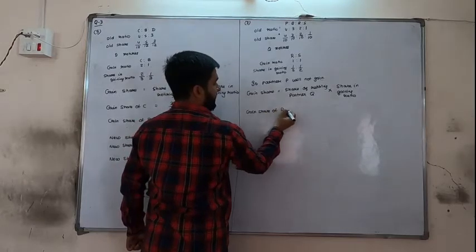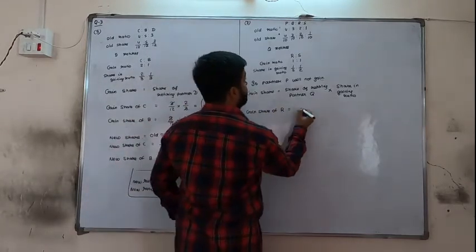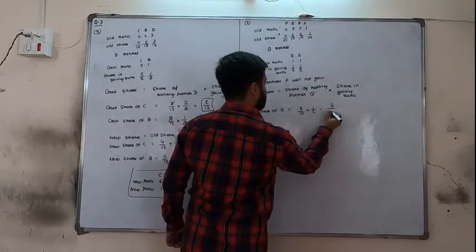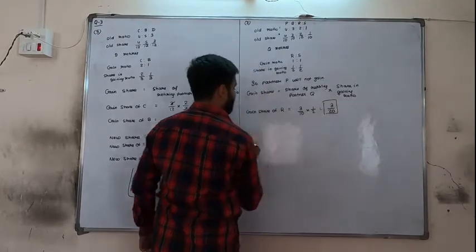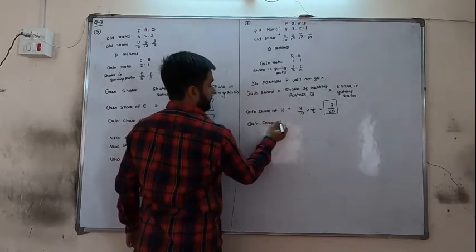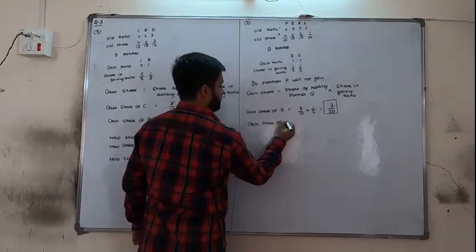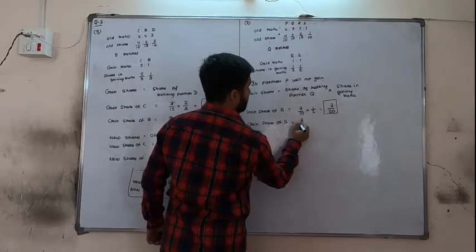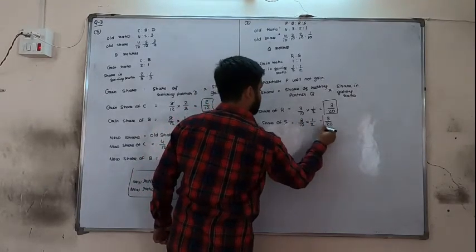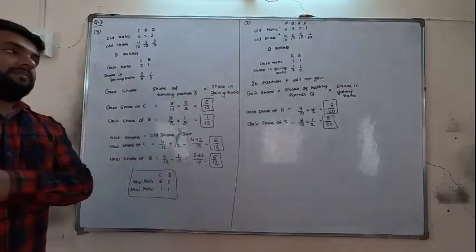Gain share of R: Q's share is 3/10 into 1/2, so 3/20. Gain share of S: 3/10 into 1/2, again it would be 3/20 only. Now the new share.